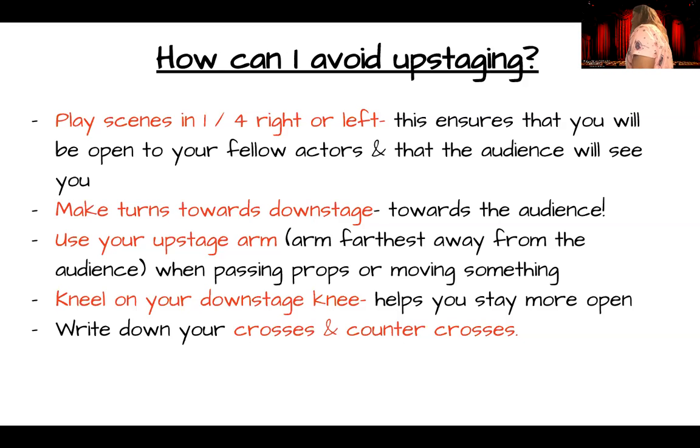We're not profile. Profile is completely to the side, and that's a weak position on stage. Remember, we want to be a little bit more opened up. We want to cheat out and remain open. And so quarter, that diagonal position between full front and profile. Most of the time you want to be in quarter. Quarter right, quarter left, because this allows you to remain open and visible to the audience.